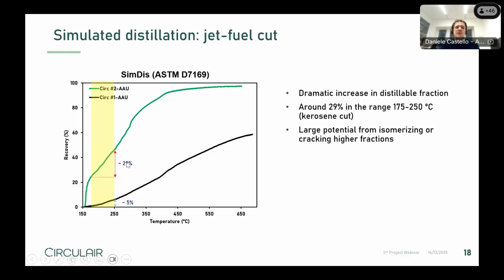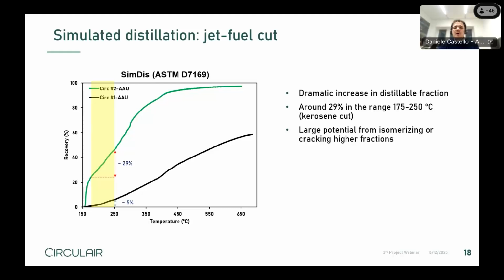And after instead the further treatment, we arrived at around 29% products in a range under, let's say, kerosene range, intended between 175 to 150. So quite an increase in this available fraction.